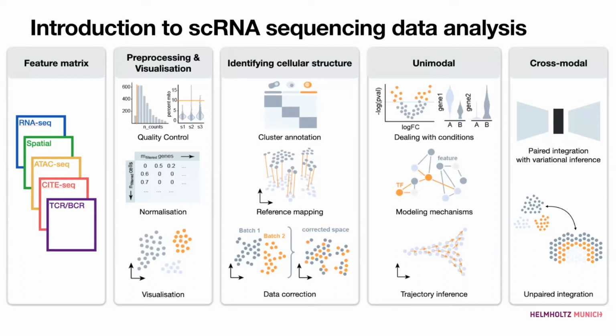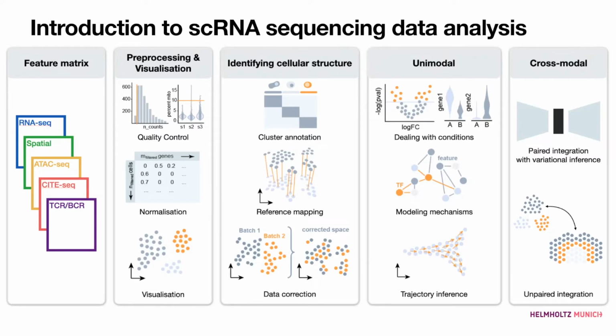Traditionally, in our lab we mainly use RNA sequencing data, but it can also contain spatial information, and it can be expanded to, for example, ATAC-seq or CITE-seq data, or even more modalities. Ultimately, you have a matrix that is cells by features. This could be genes or proteins or whatever features you're looking at. From these matrices, we would ideally like to gain some information about the biology.